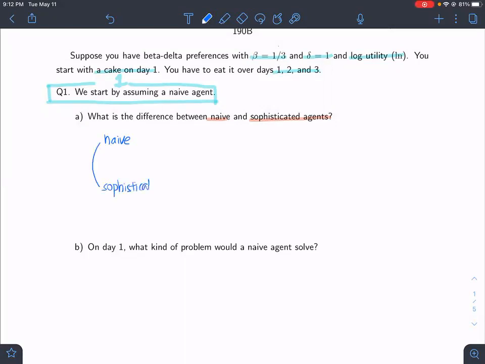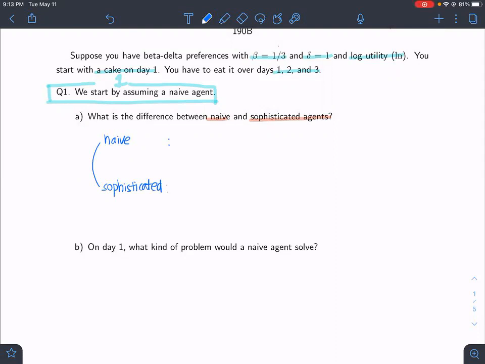Sophisticated. So for naive agents, they are naive about how my future self will behave. Okay?